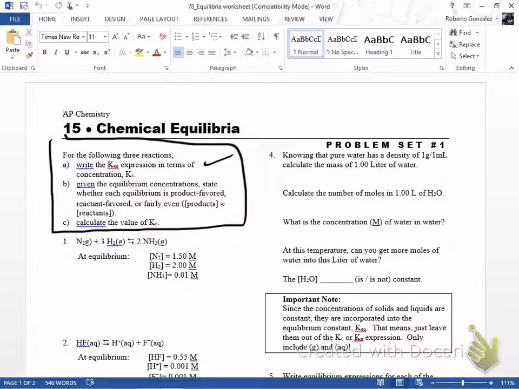Then you may plug some stuff in, okay, kind of mentally. But first, state whether the equilibrium is product favored or reactant favored. How would you be able to know? Well, again, the values are expressed as concentration at equilibrium.